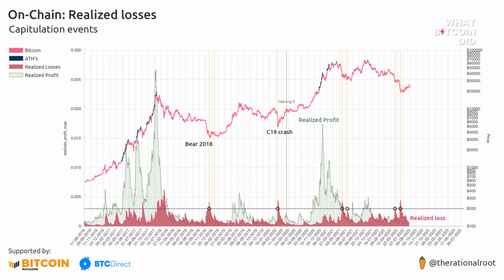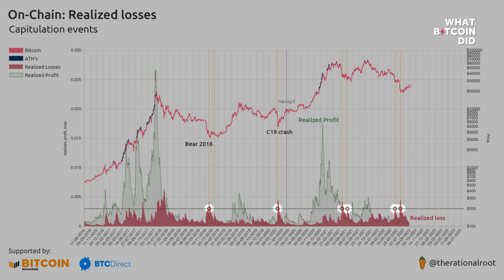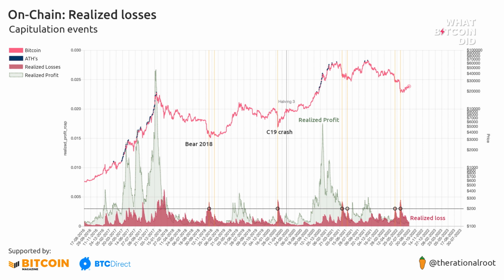Well, and forced sellers because of liquidations. And also in the 2018 bear market, we actually had fewer realized losses than in this last event. And these events don't happen often, which again shows that it's quite likely that the bottom might be in, or we would have to see another such event.